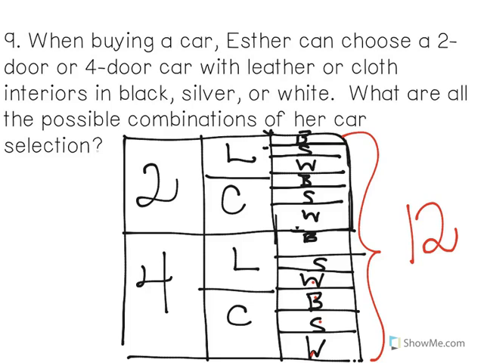Now, the pattern. If I do not want to draw out the entire sample space, I can also find the combinations mathematically. I could do that by counting my combinations. I start off with 2 choices, and then I have 2 more choices.